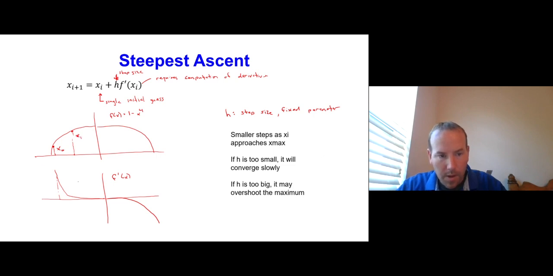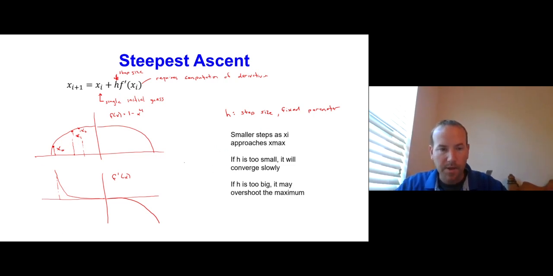But at x1, the derivative is much smaller, so it'll take a smaller jump. And then it's even shallower at the x2 location. So it takes smaller and smaller jumps.